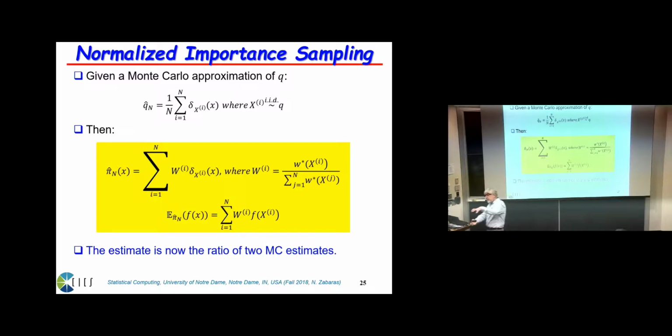If I take the ratio of two Monte Carlo estimates, do you think it's unbiased? In other words, if I take the expectation with respect to the true distribution, am I going to get the actual expectation of f? And what is the variance if you have the ratio of two Monte Carlo estimators?